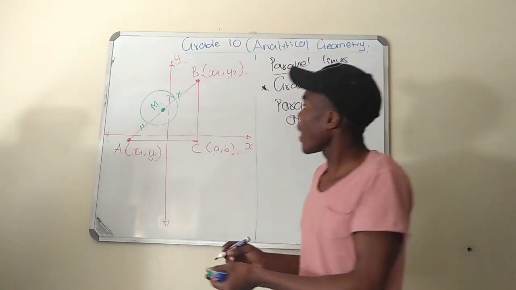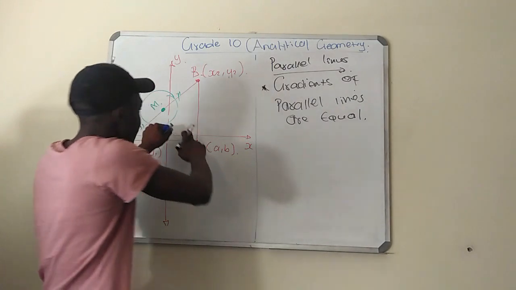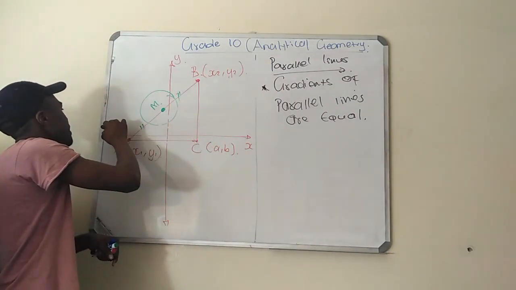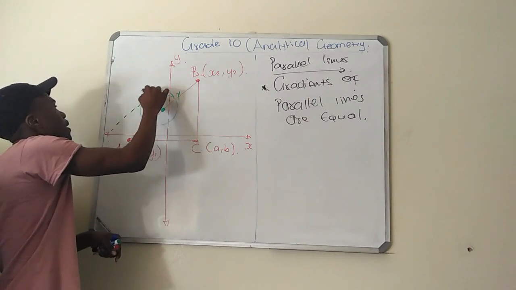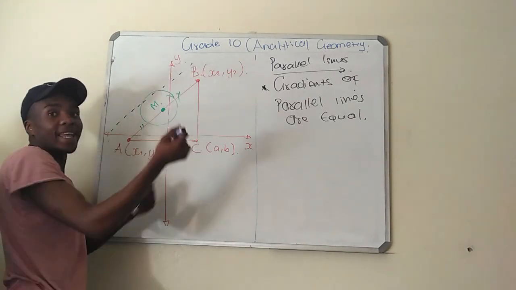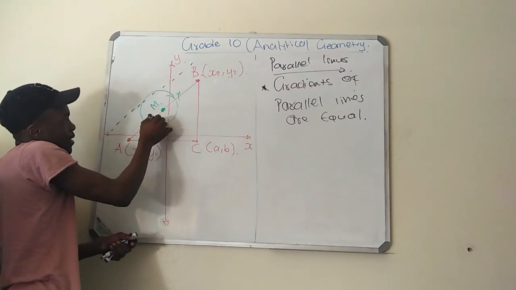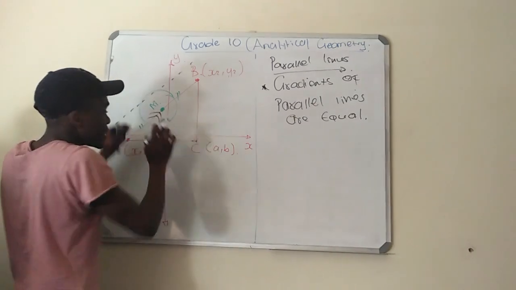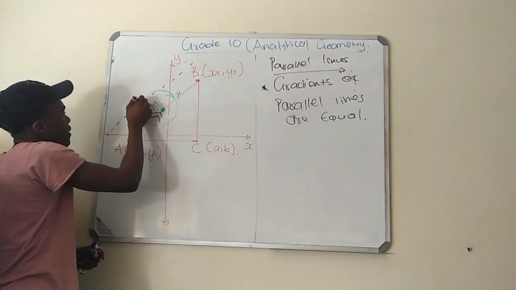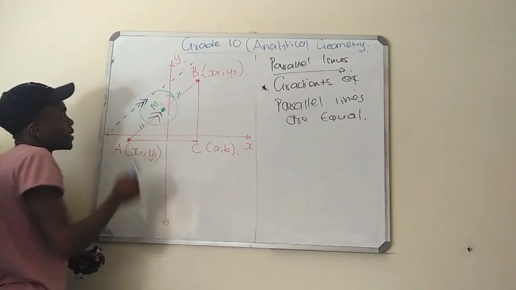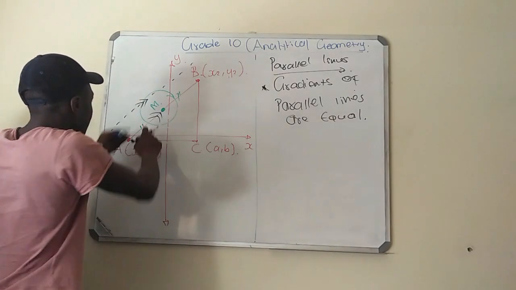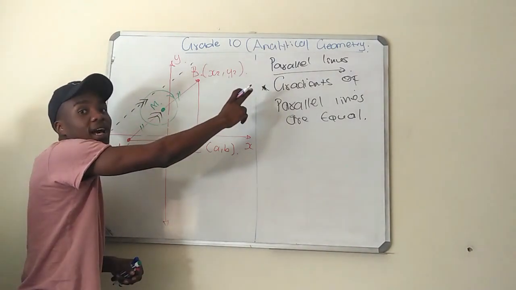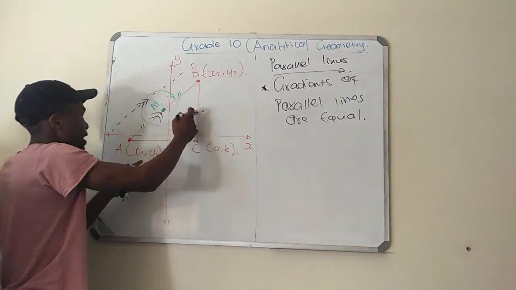If in my diagram I have another line that is parallel to AB like this, and I say it's parallel to AB, then I have to show that the two lines are parallel like this. I know the gradient of AB.